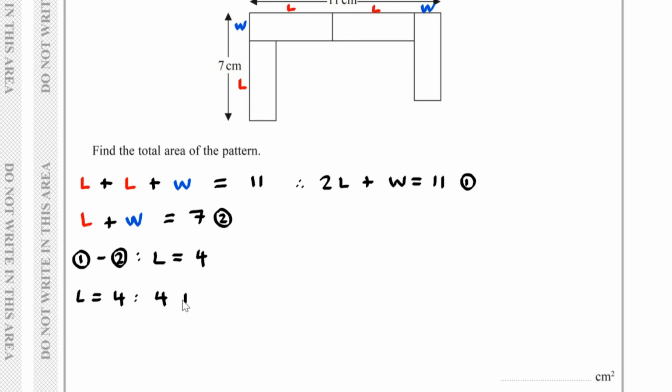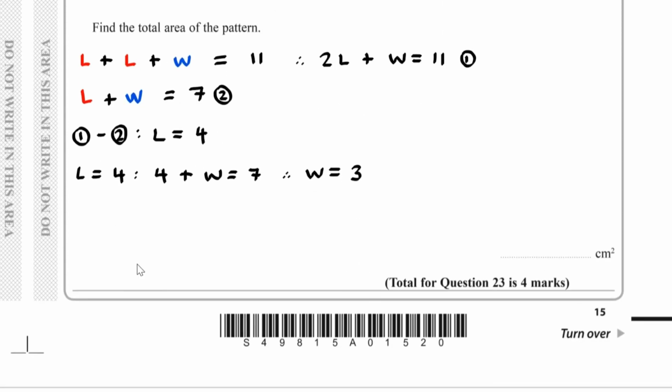We've got 4 plus W equals 7, which means W equals 3. So now let's draw out a rectangle. We've got the length, which is 4, the width, which is 3, so the area will be 12.